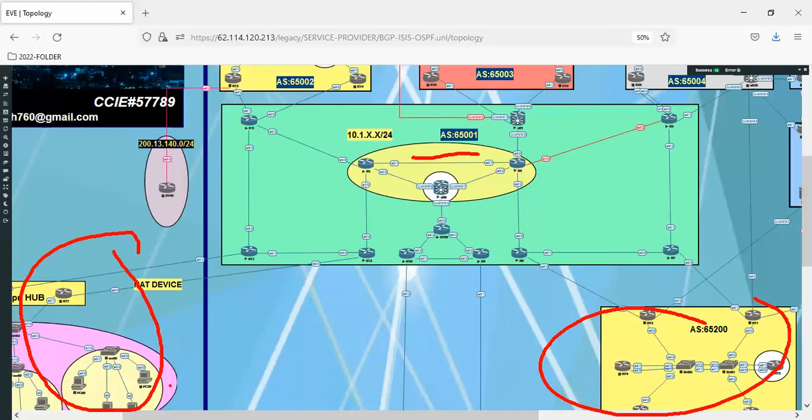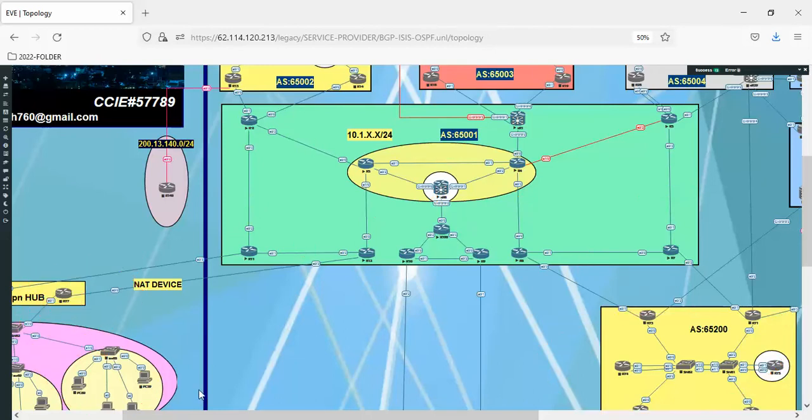Does this customer actually care about this link or this link or this link or this or this or this? No. The only thing that this customer is going to care about is reachability from this point to this point.